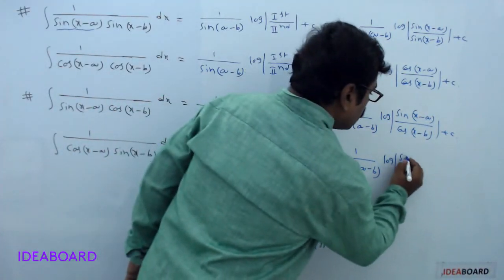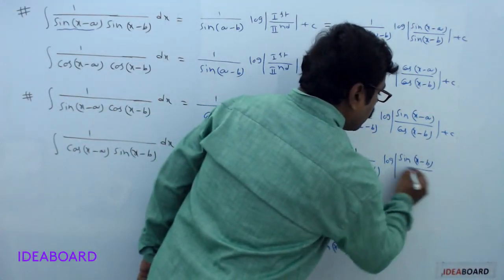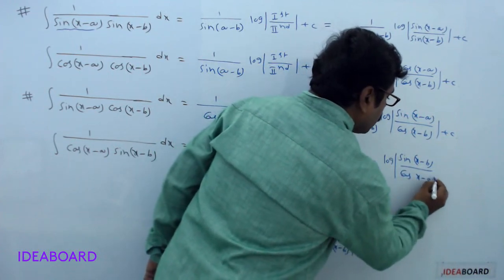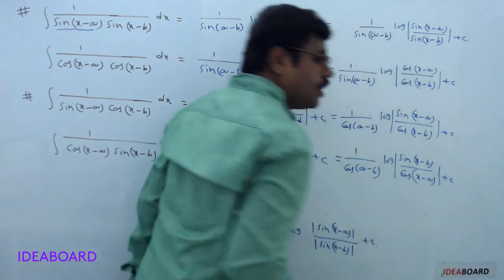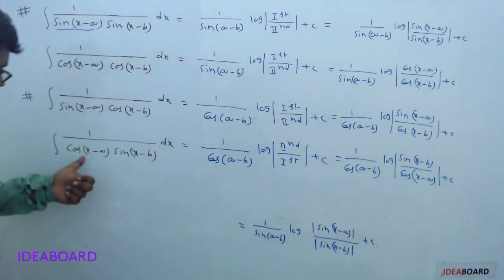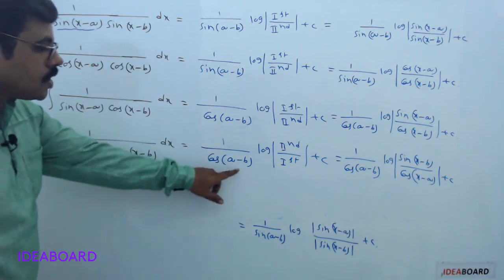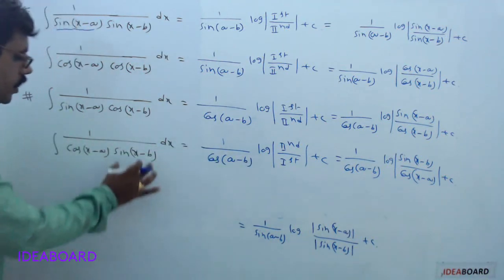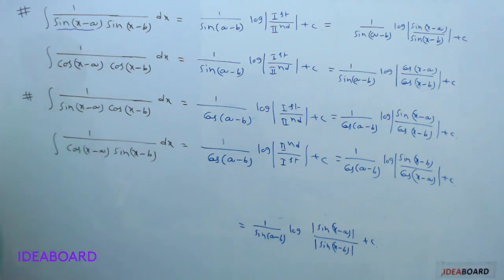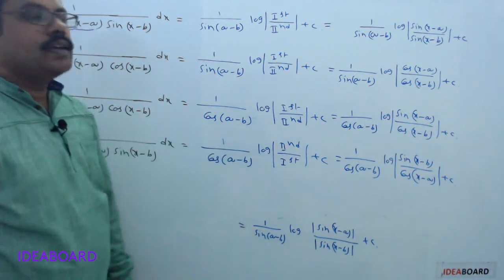Sine of x minus b divided by cos of x minus a plus constant c. Here the first function is cos, the second function is sine. What is the shortcut formula? 1 by cos of a minus b into log mod second term divided by first term plus a constant c.